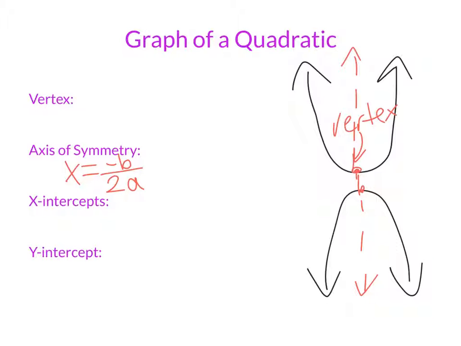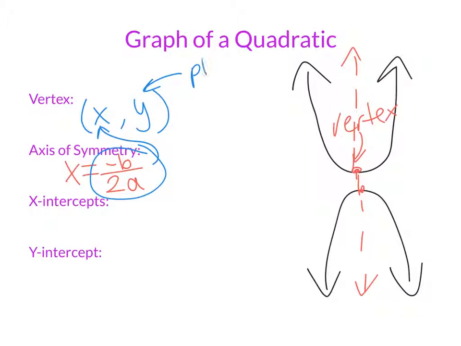Now this guy right here also provides the x coordinate of our vertex, okay? And then our y coordinate can be found by plugging x back into the equation. All right, there we go.